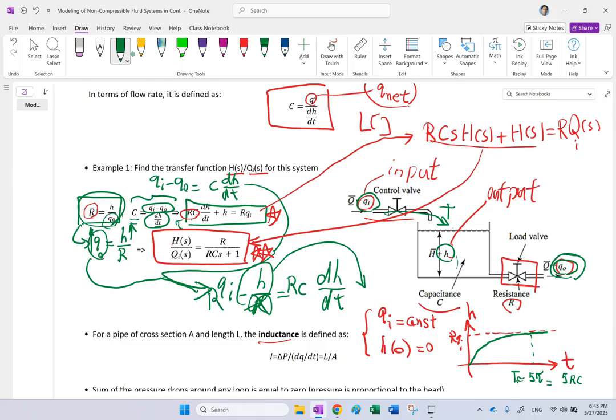So yes, Qi stays constant, but after some time, Qo is big enough to not let the height change. Those two cancel each other. Qo reaches the level Qi, and that is where H is not going to change anymore. Now, theoretically, it takes forever, infinity, but in practice it's about 5 time constants, where you get to 99.3% of the steady state height.